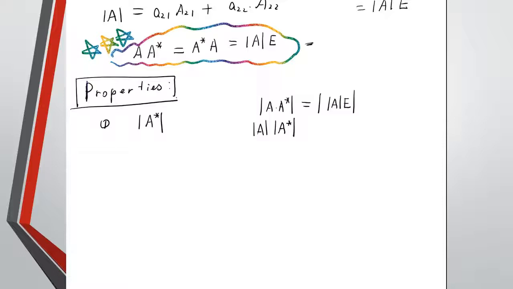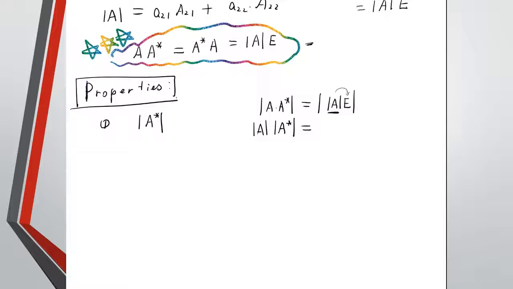Okay? So on this side, remember, we have to be very careful. A's determinant is a number, okay? Or just a constant here. So it has to be multiplied to the E matrix to each column.